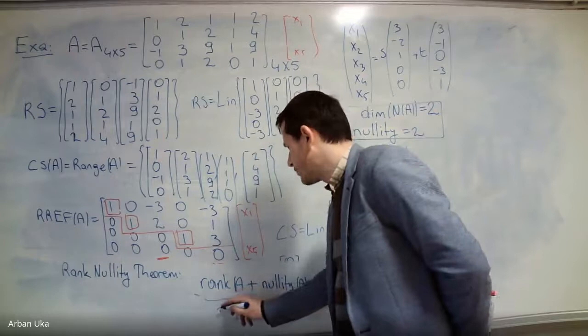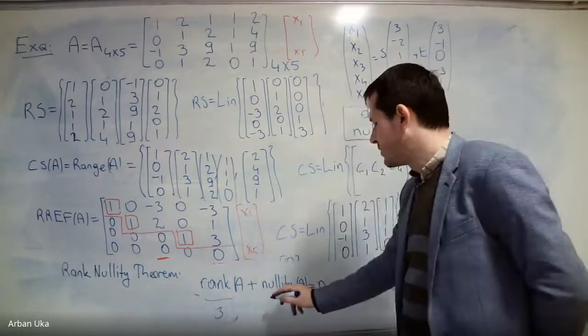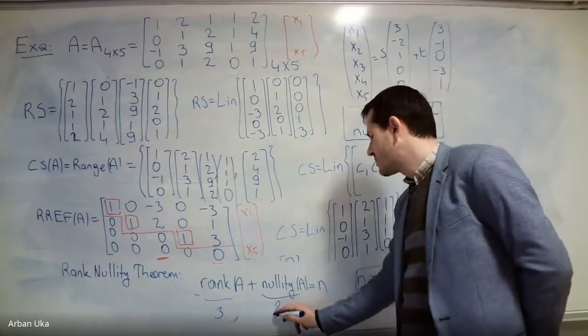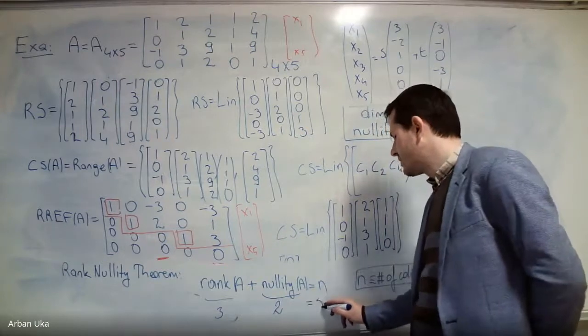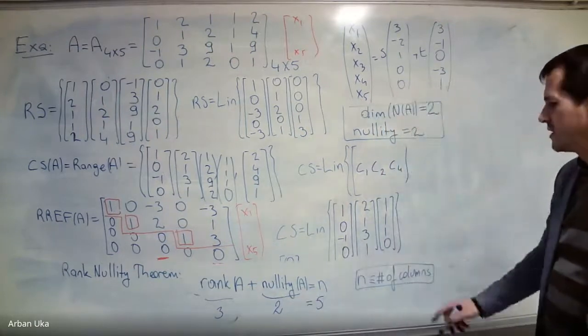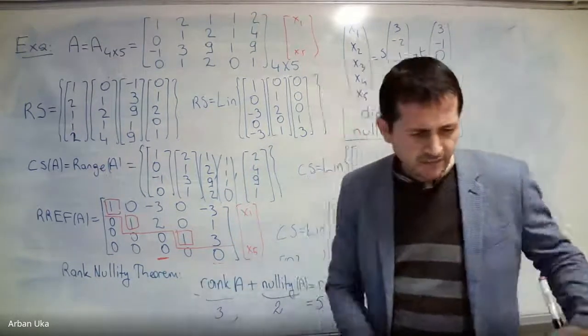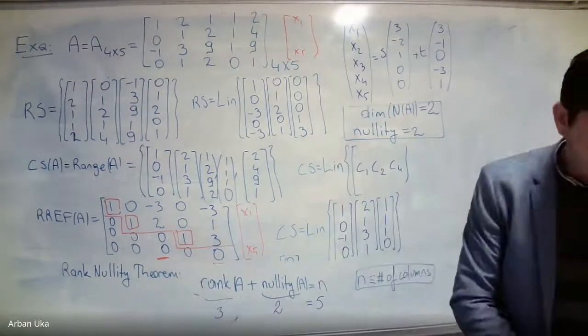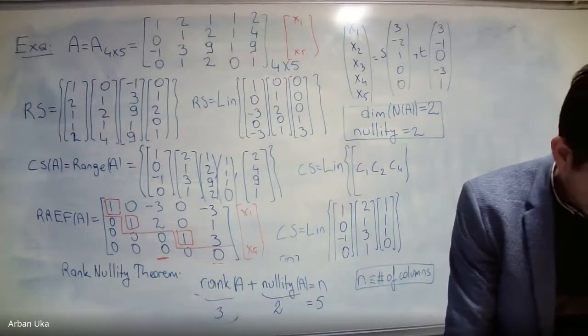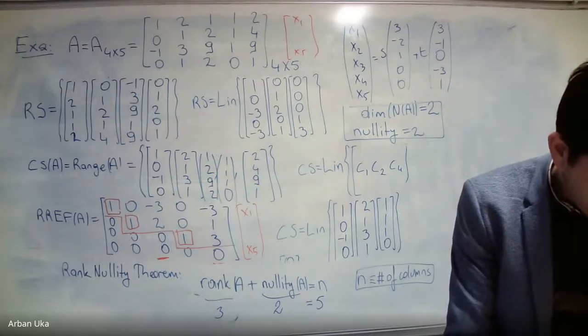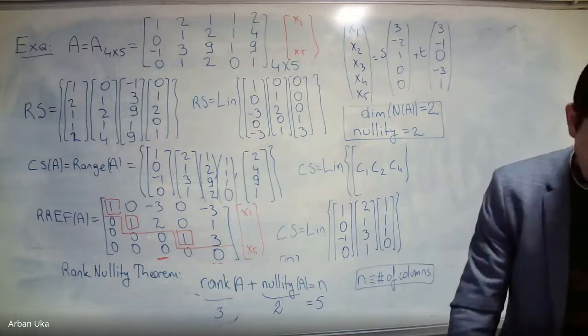How many free variables did we have? We had 2. And this means that the sum is 5, and 5 is the number of columns. So this is the rank nullity theorem, and for all the examples that we have solved so far, you are always going to notice that this is the case.